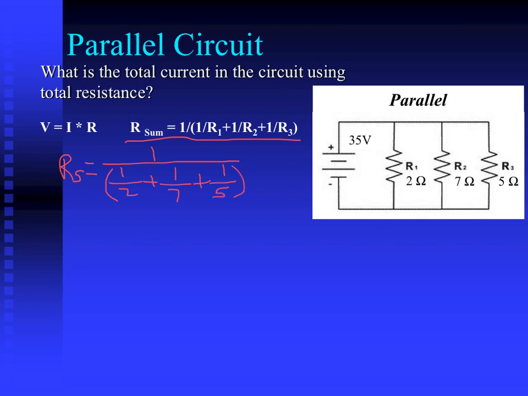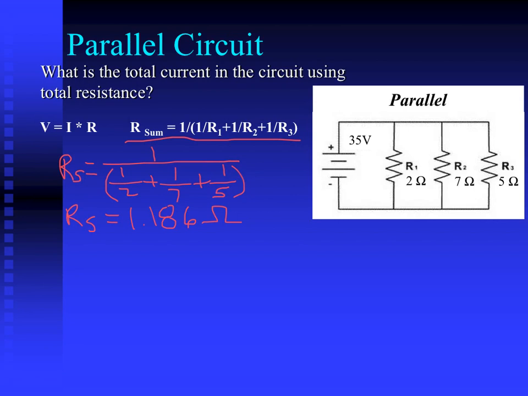Now, when you calculate that using your calculator, our total is going to equal 1.186 ohms. Now we have the total resistance.